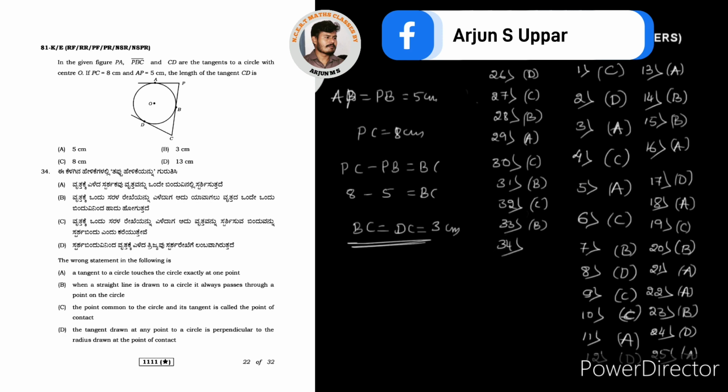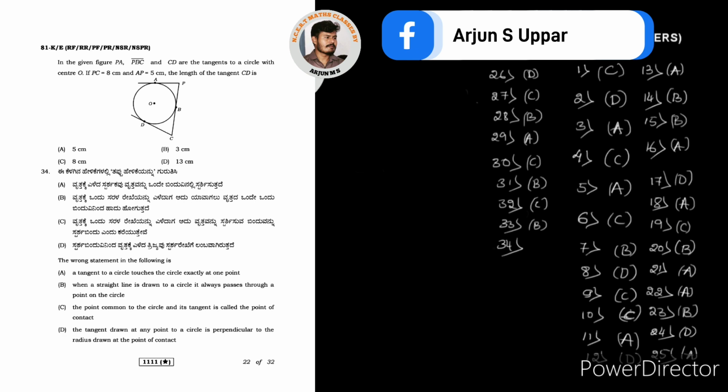Then 34th question. Here the question is also very simple. The wrong statement in the following is, we have to choose a proper wrong statement here. A tangent to a circle touches the circle exactly at one point. That is a 100% true statement. When a straight line is drawn to a circle, it always passes through a point on the circle.